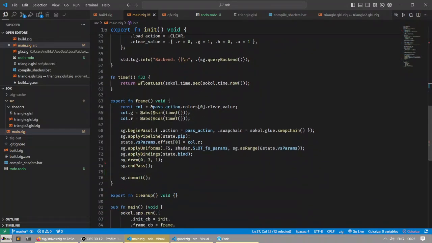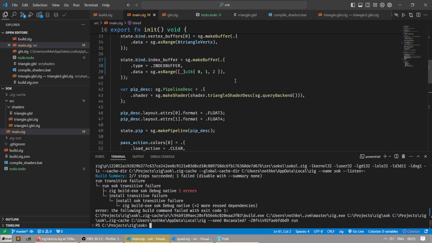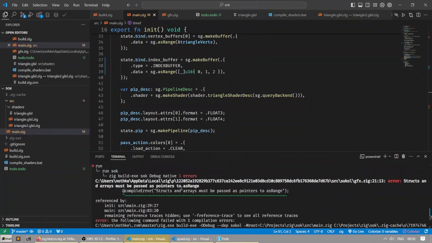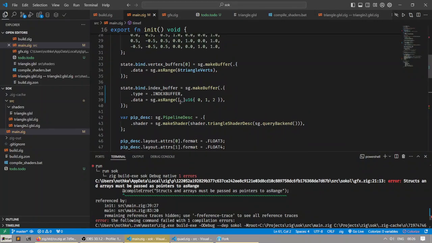So when I just draw this and I say that the elements are 3, because it is 3, and instance is 1. Okay, it should work out of the box. Well, no, it doesn't. And it says that it needs to be passed as a range as a pointer.